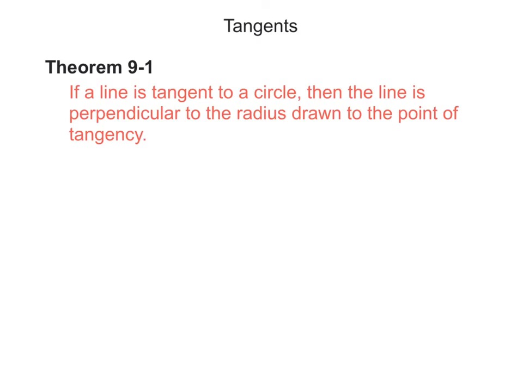Now, this section starts off with a theorem. The theorem is theorem 9-1, and it states, if a line is tangent to a circle, then the line that we drew that was tangent is perpendicular to the radius of the circle drawn to the point of tangency.